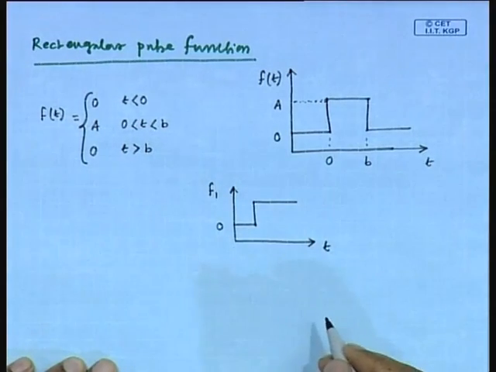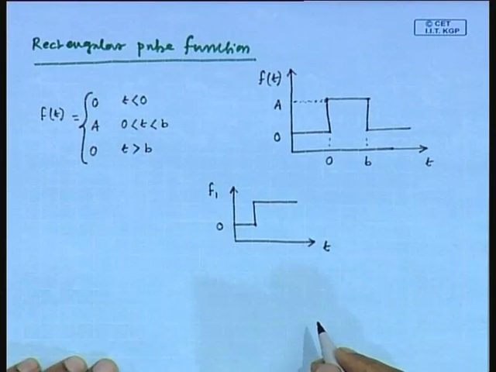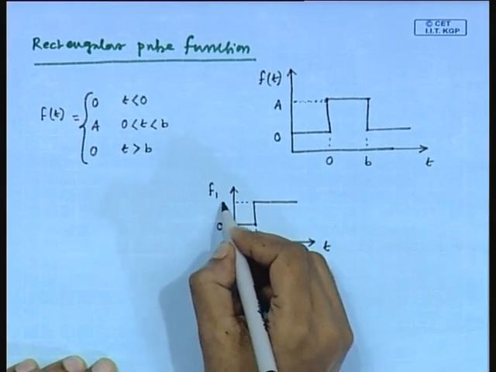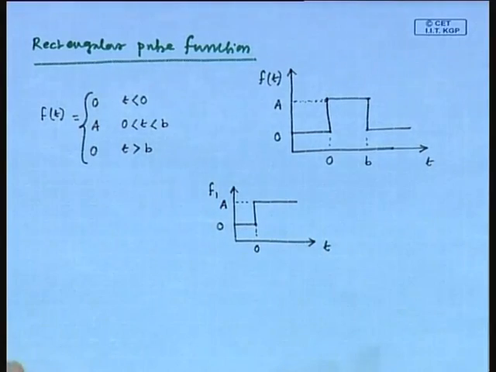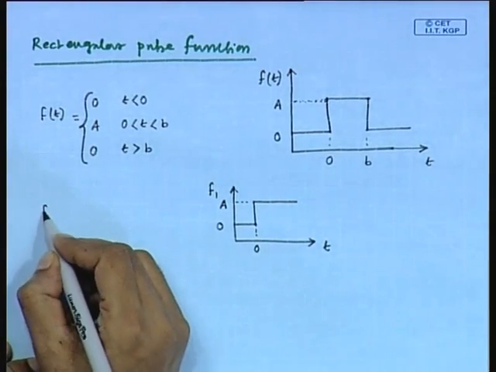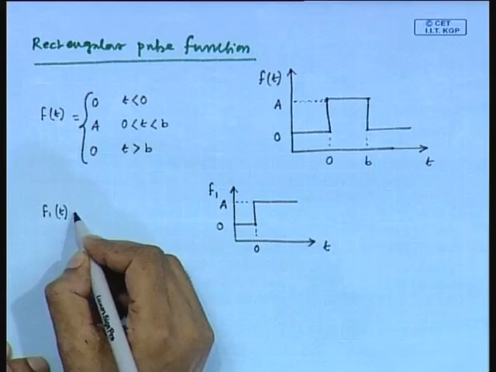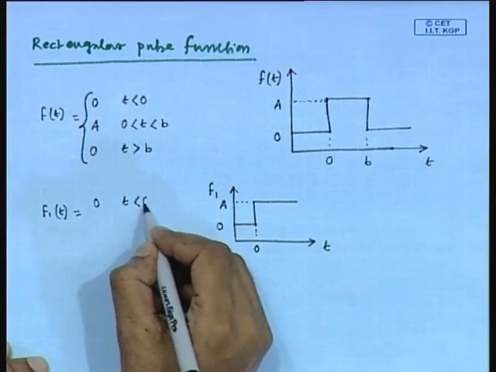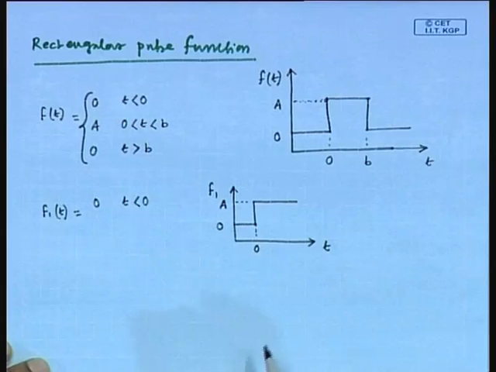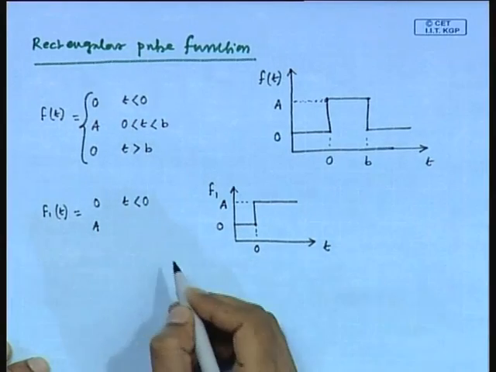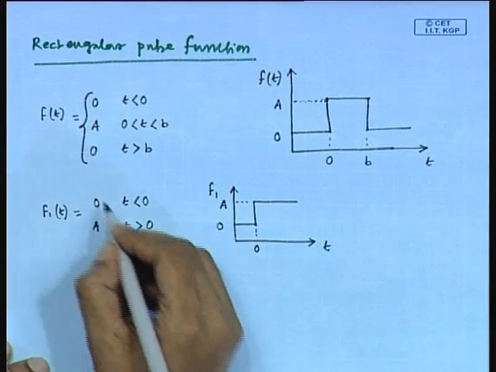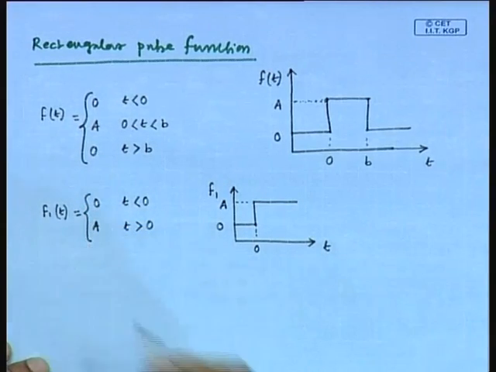Initially it is at 0 level, this is 0 and this quantity is f. So, f1 t equal to 0 when t is less than 0, and this is equal to a when t is greater than 0.